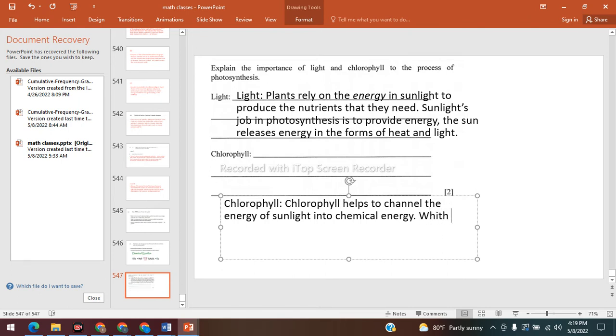With photosynthesis, chlorophyll absorbs energy. What's another word for channel in this sense? Convert, in a way.